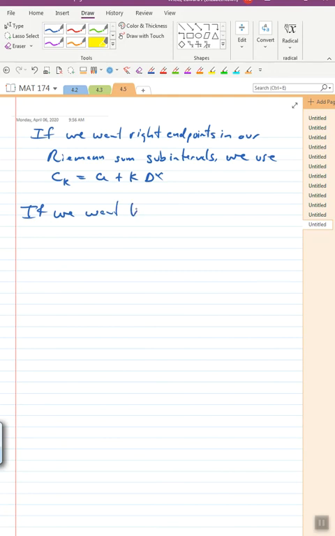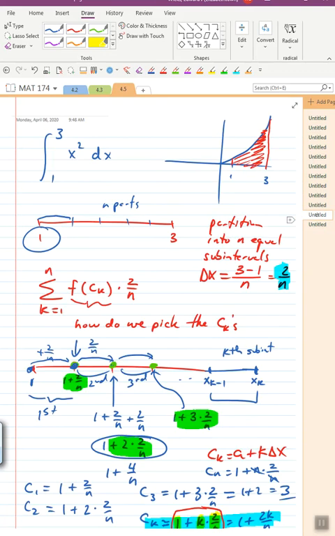If we want left endpoints, well, can somebody tell me what ck would be there? In other words, what if I wanted that to be the first ck? So there's C1, there's C2, there's C3.